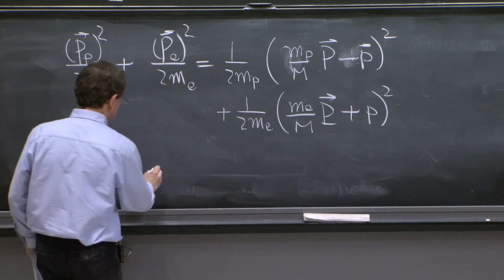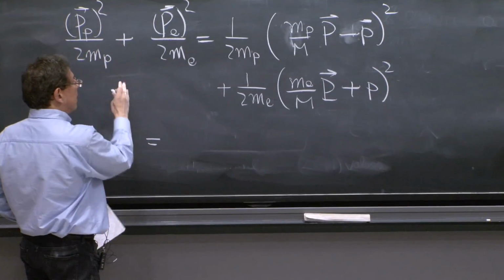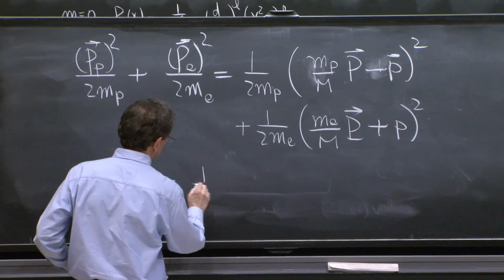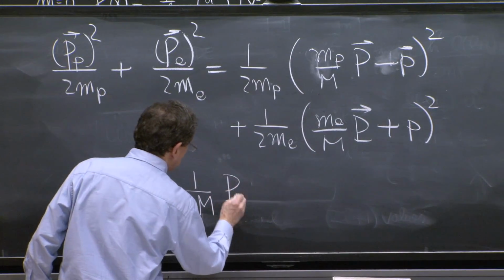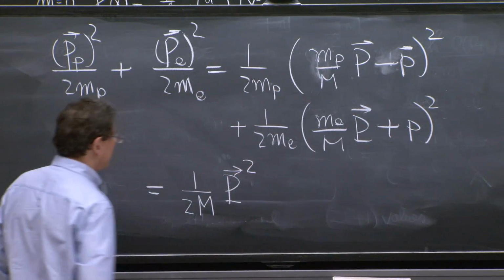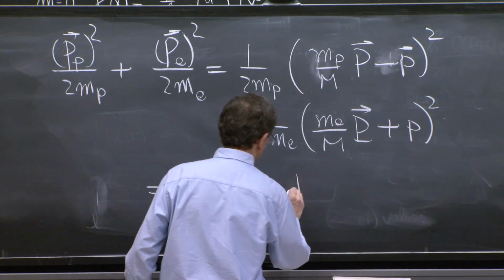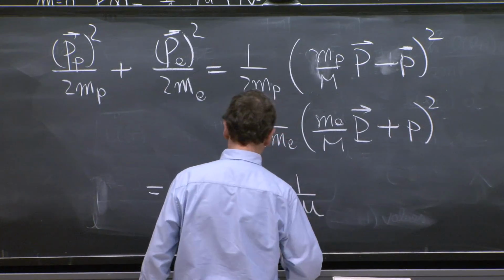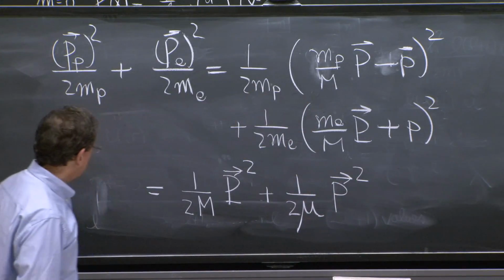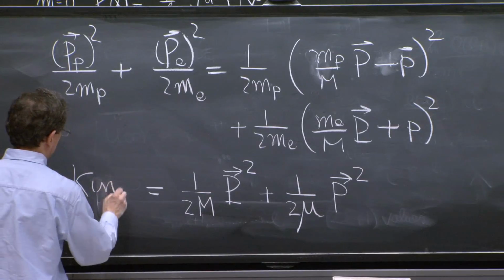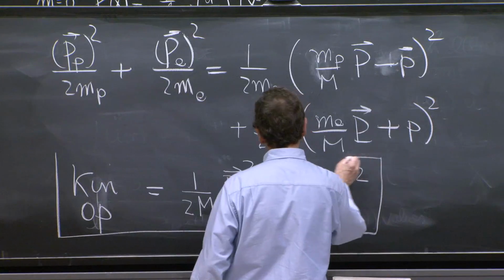So at the end of this little calculation that takes a couple of lines, you get 1 over 2 capital M, total center of mass momentum squared, plus 1 over 2 mu little momentum squared. This is a kinetic operator. And then you say, great success.